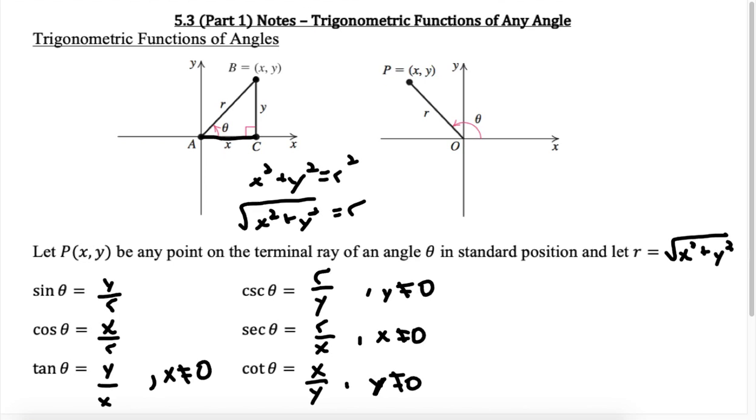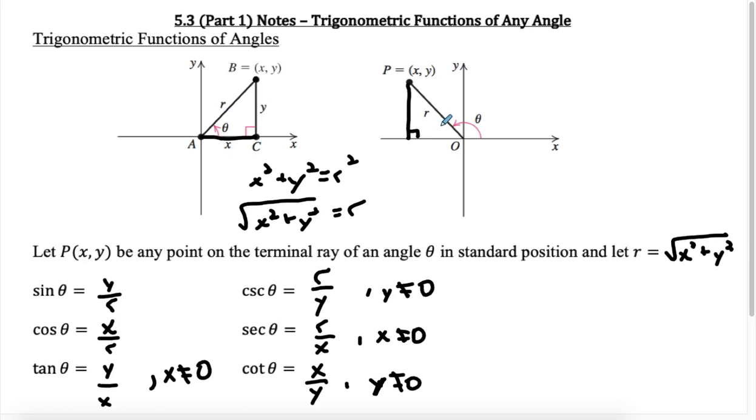Now, we'll look at an example of this here in a minute, but we can actually just draw a right triangle. We don't have to memorize these six relationships. We can just draw a right triangle here and say, well, this angle would have the same trig values as this angle.